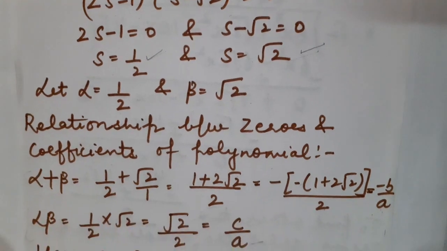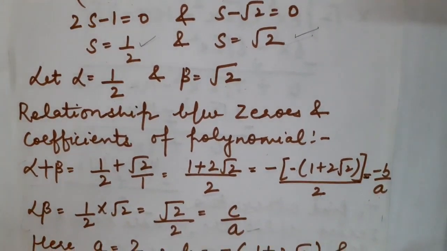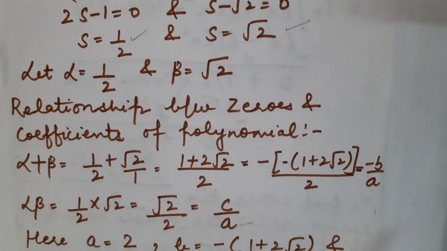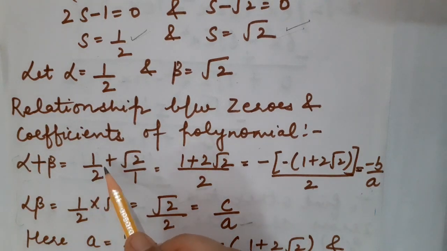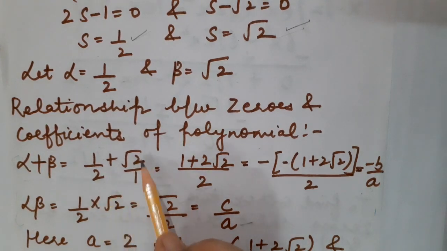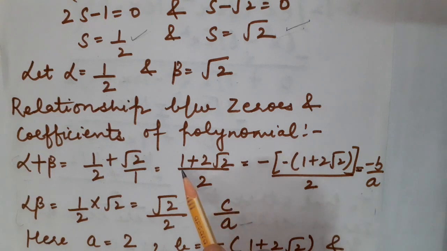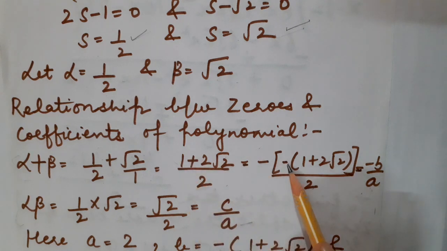So let us calculate alpha plus beta, that is the sum of the zeros. After calculating the sum of the zeros, I have got 1 by 2 plus root 2 by 1. That will be 1 plus 2 root 2 upon 2. Children, can I write this numerator as minus of 1 plus 2 root 2 upon 2? Yes, of course it can be written.